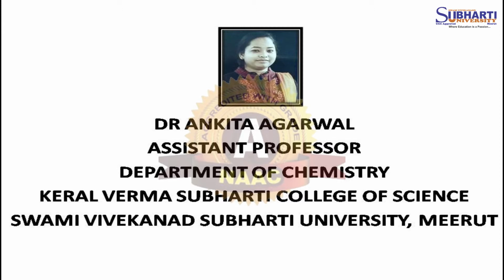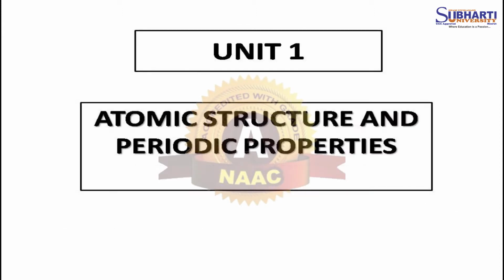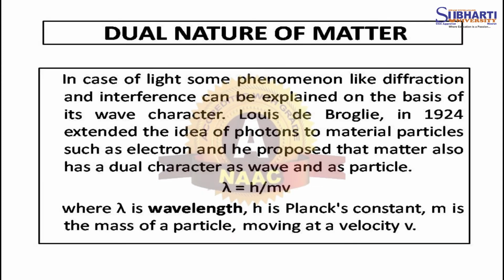Today here I am going to talk about atomic structure and periodic properties. Dual nature of matter. In case of light, some phenomena like diffraction and interference can be explained on the basis of its wave character.